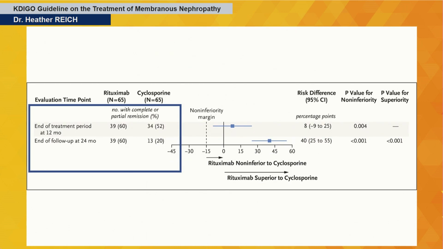And if you look at the number of patients in complete or partial remission at 1 year, it was 60% in patients treated with rituximab, 52% with cyclosporin, which was not statistically significantly different, but this was not the primary endpoint. It was at 24 months, where, of course, more patients were still in remission if they had received rituximab.